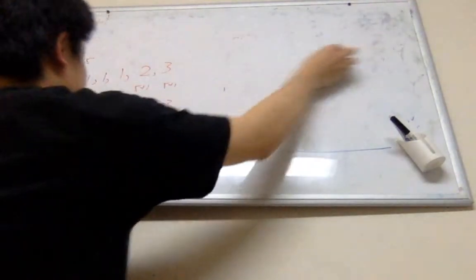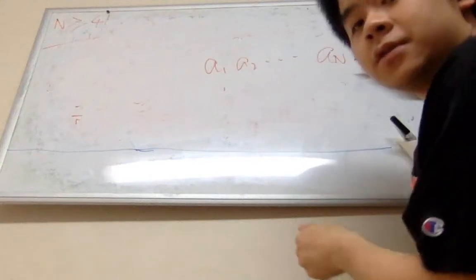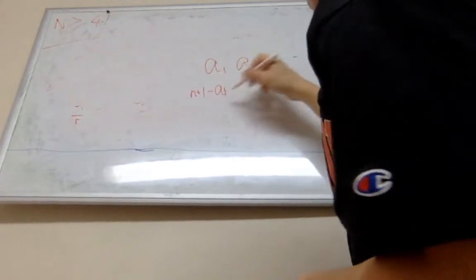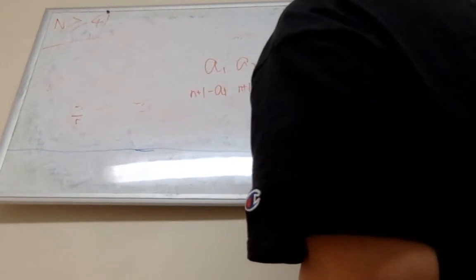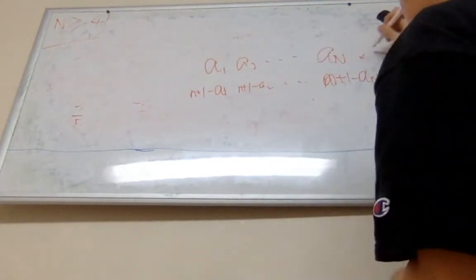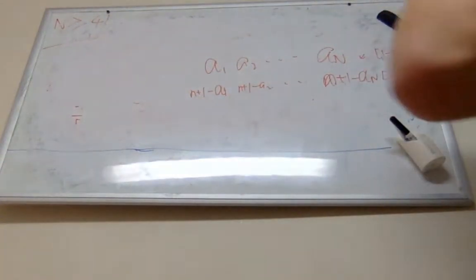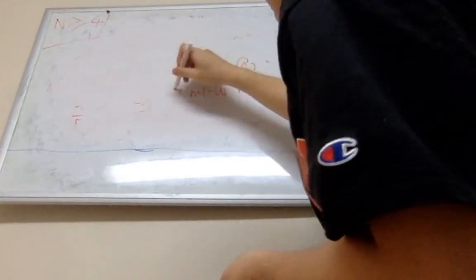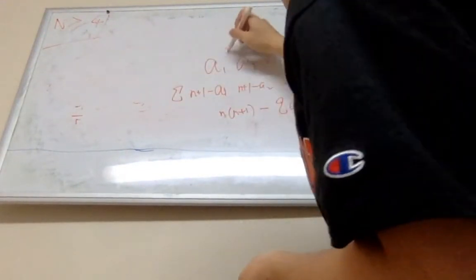So in general, when you have something like A1, A2, all the way to AN, and you try to flip things to make it n plus 1 minus A1, n plus 1 minus A2, all the way to n plus 1 minus AN, this will still be between 1 and n. And with this, what would be the sum of this thing? It will just be n times (n plus 1) minus the sum of the original one.